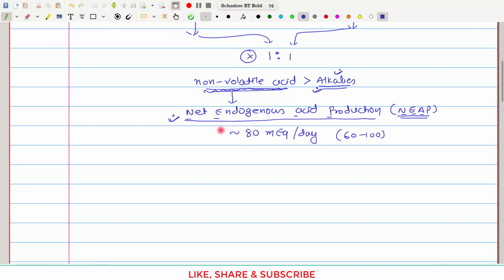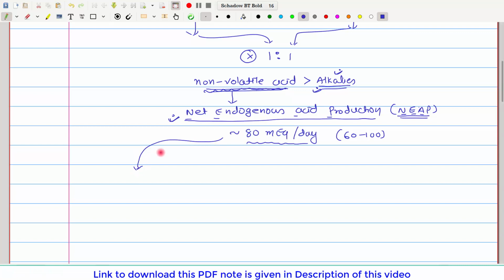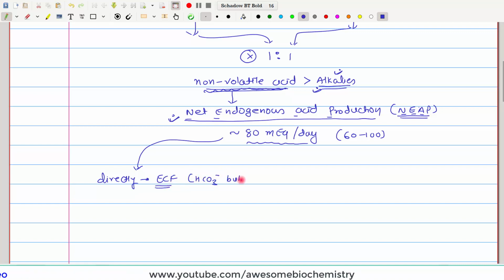Now what will happen to this 80 milliequivalent per day of net endogenous acid production? As this acid is produced in various different tissues, it is firstly poured directly into the ECF, the extracellular fluid. And in the ECF, as I told you in my previous video, the bicarbonate buffer system is the predominant one. So how will this bicarbonate buffer system neutralize the net endogenous acid production? Let's represent this NEAP by H plus.